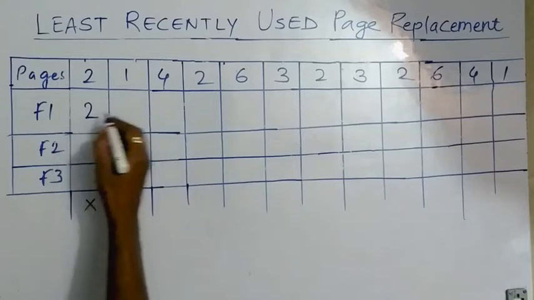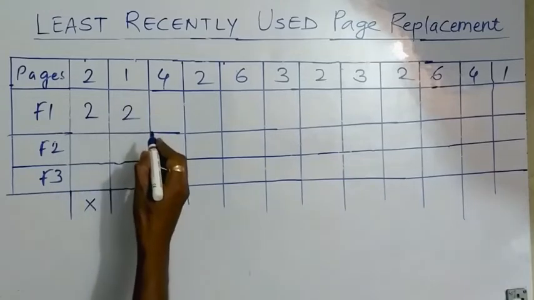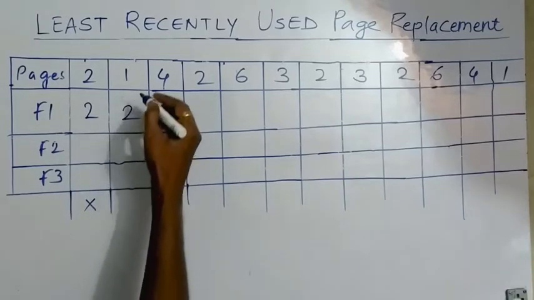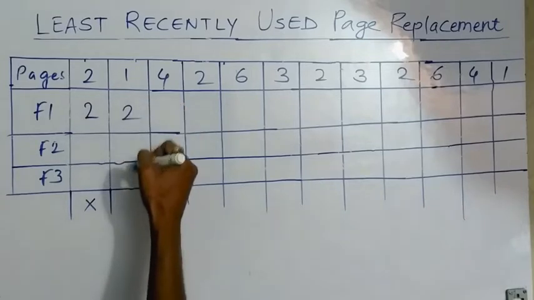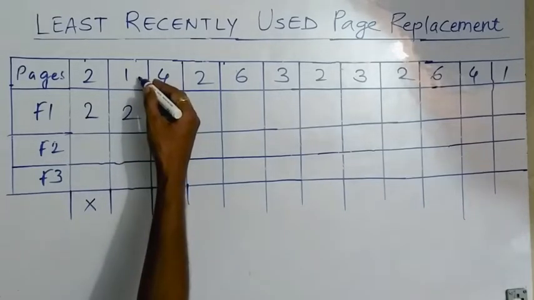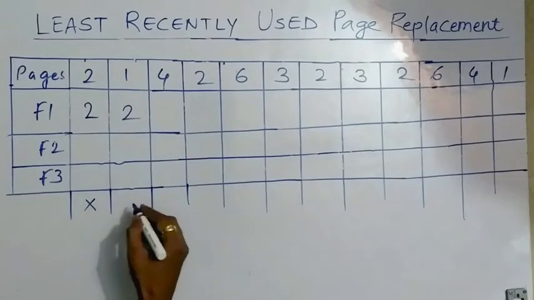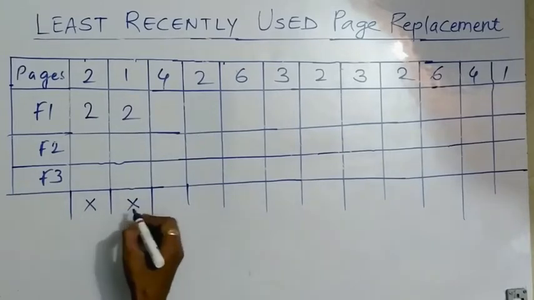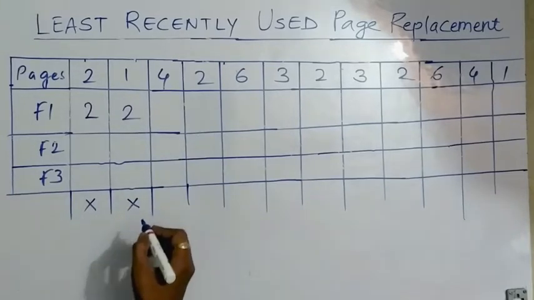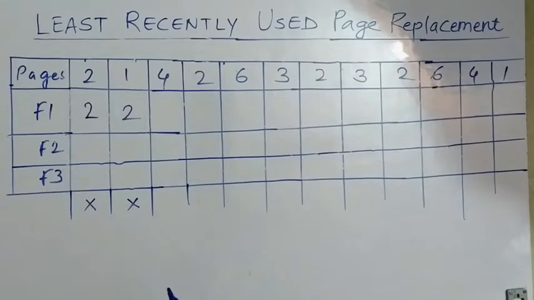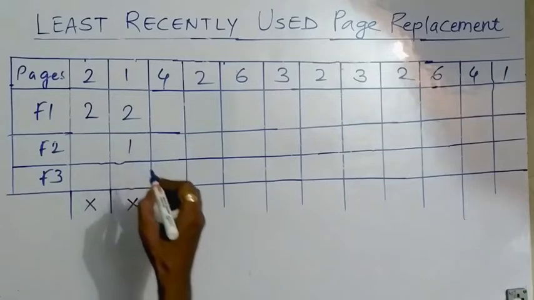Now again page 2 will come here in these frames. Then page 1 has come, which is not available inside the main memory system, so a page miss will happen, and page 1 will come over here.